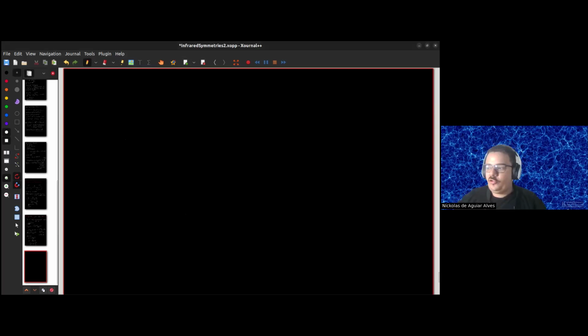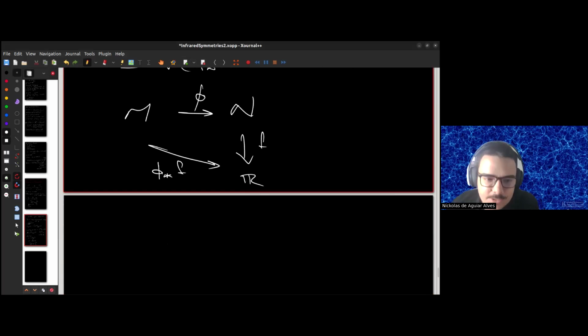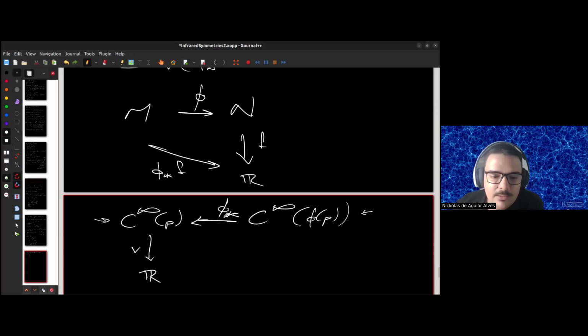Now we can push forward the vector by considering the smooth functions at P, the smooth functions at phi of P. And what we do now is we have a pullback that pulls back the smooth functions in N to the smooth functions in M. And I have here a vector that eats a smooth function and spits a number.